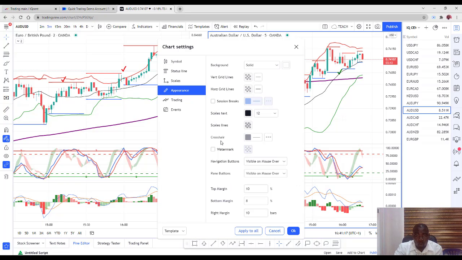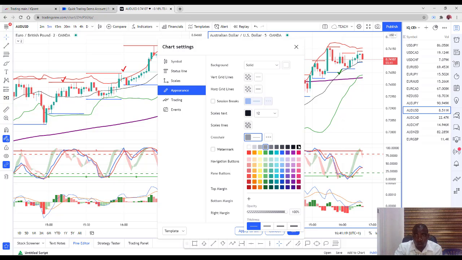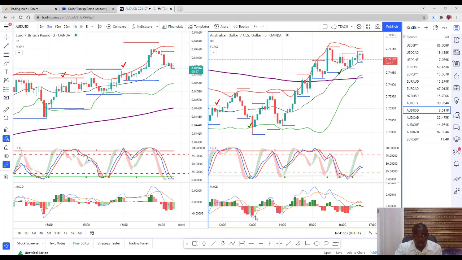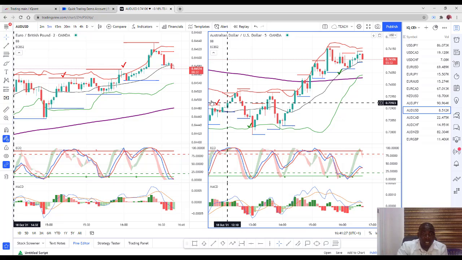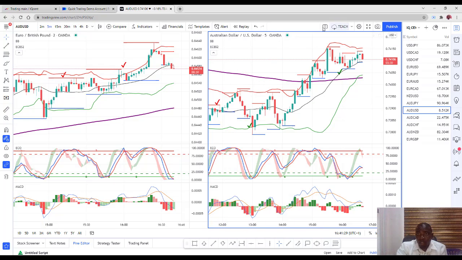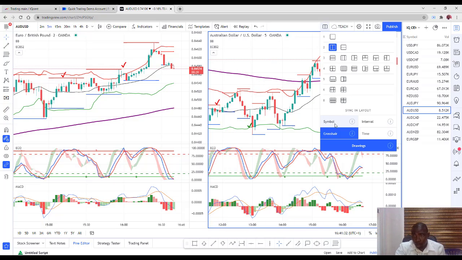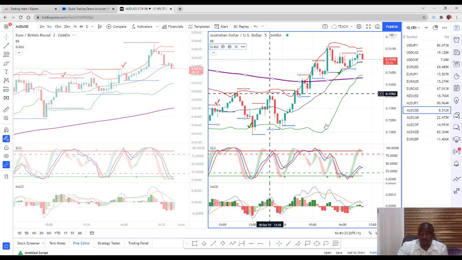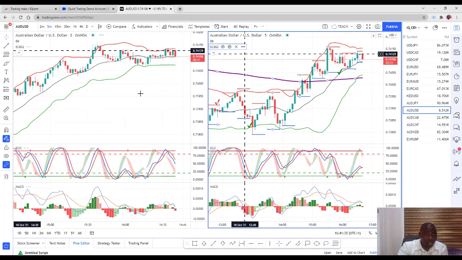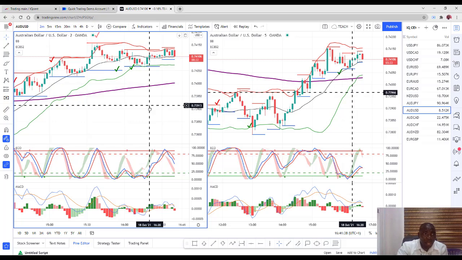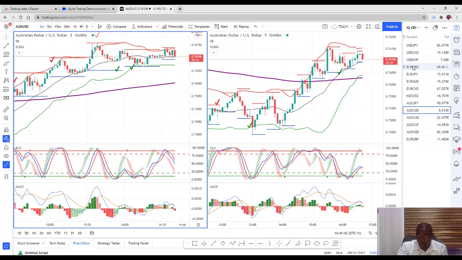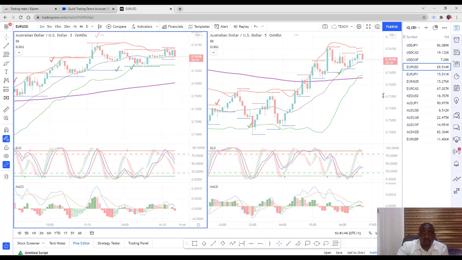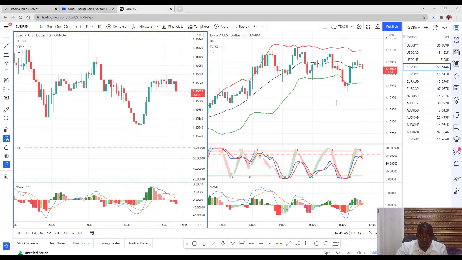So that is just about me and how I like trading. If I actually wanted to trade, let me say EUR/USD for example, I look at my time frame.